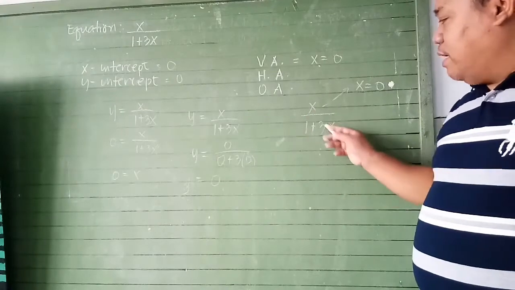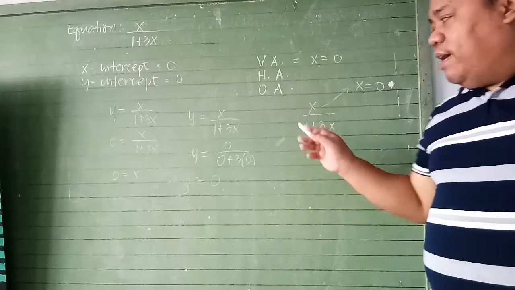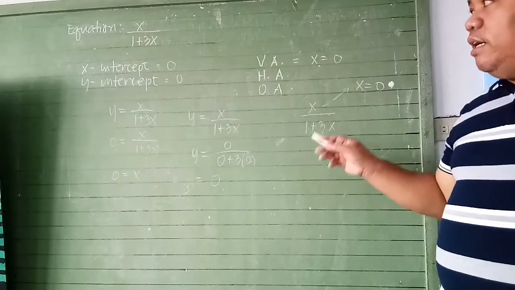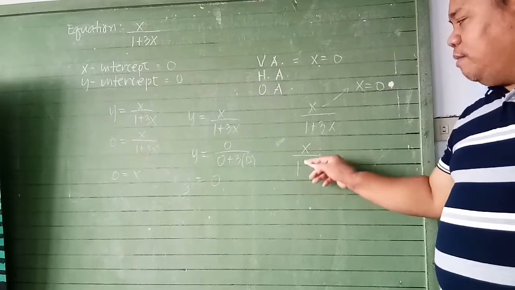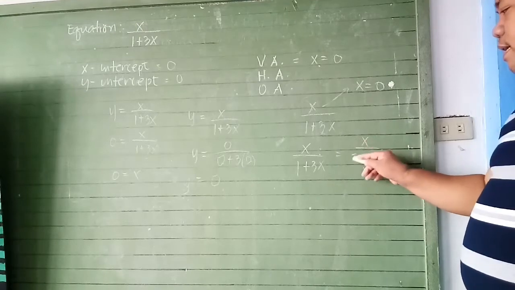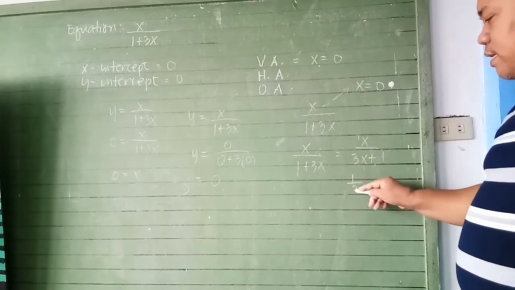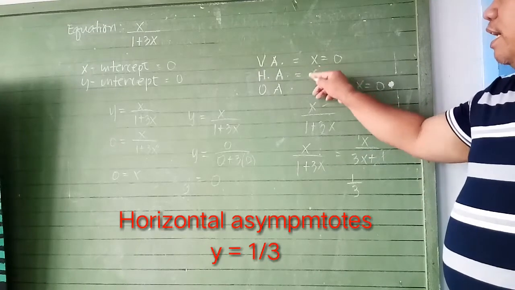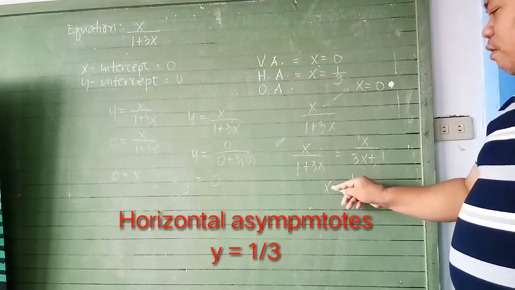Their degrees are equal. So you are going to divide the coefficient here and the coefficient here, and that will be your horizontal asymptote. So this x over 1 plus 3x, when you arrange it, becomes x over 3x plus 1. So there is a 1 here and a 3 here. So 1 over 3. So that will be your horizontal asymptote, which is 1/3.